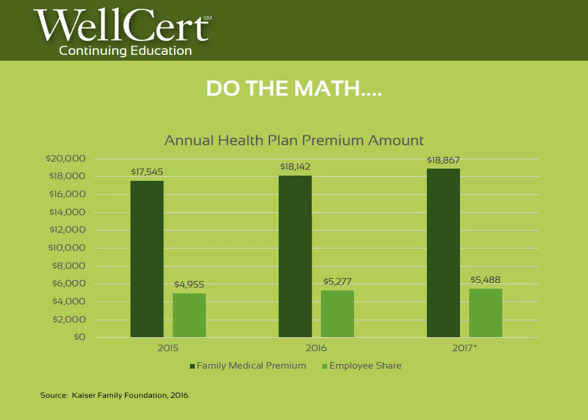So another part of our worker health and bottom line issue is as employees pick up more of the cost of their health plan, if we can in fact help them be healthier through a wellness program, we can reduce some of that increased cost to them as well as to the employer.